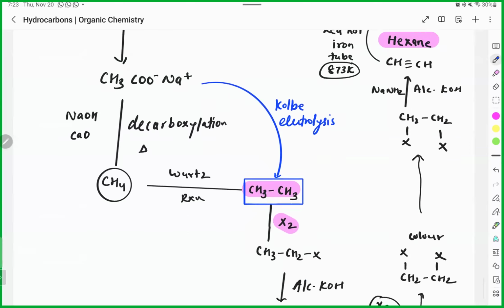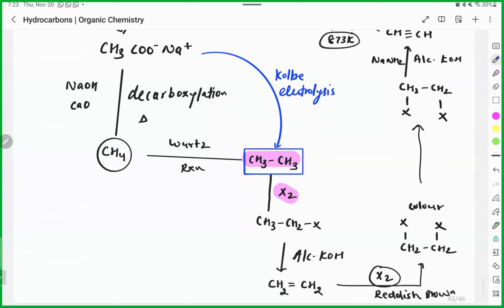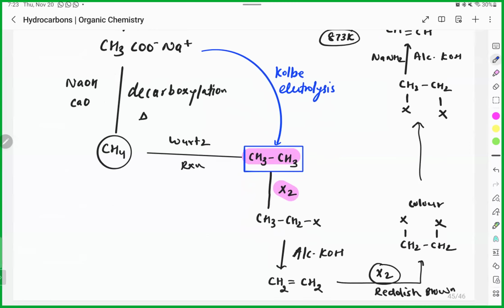So Kolbe electrolysis is possible here. And after that, like here you have halogen, alcoholic KOH is the only option because the dehydrohalogenation reaction, correct? Dehydrohalogenation reaction. So you need alkene for the double molecule. Done.